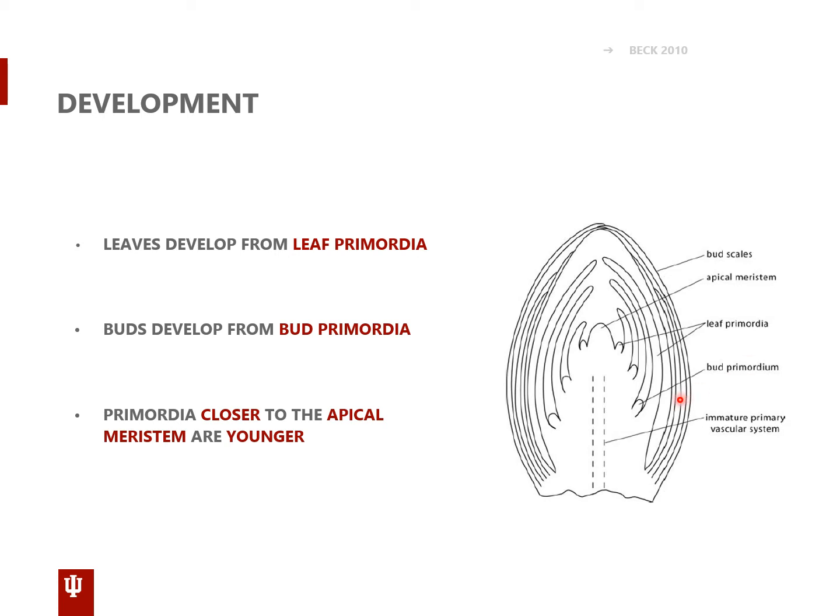Okay, so we've talked about buds a little bit. If we were to go into that terminal bud and take a cross section of it while it's developing, there are some structures that we would see.